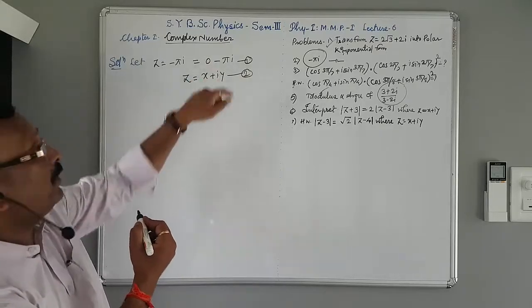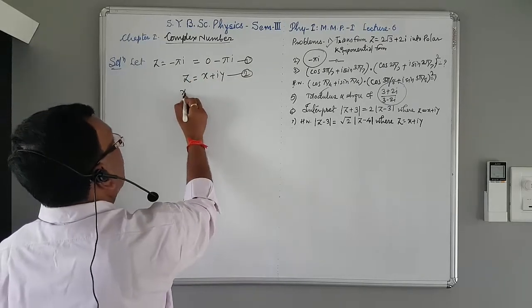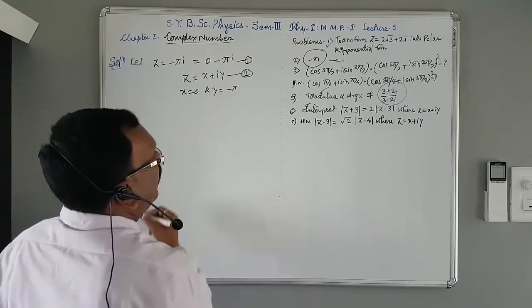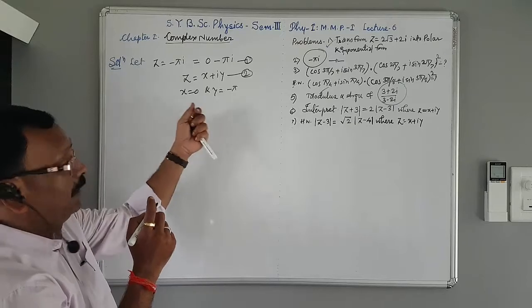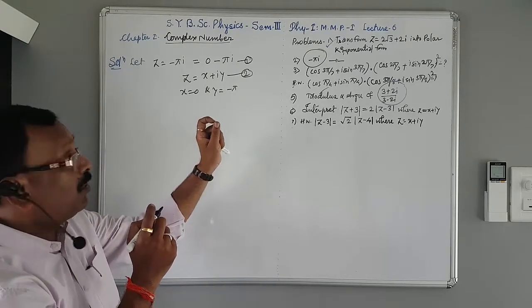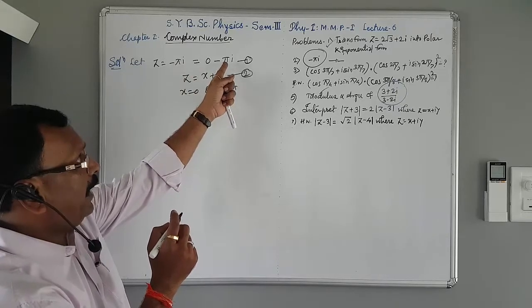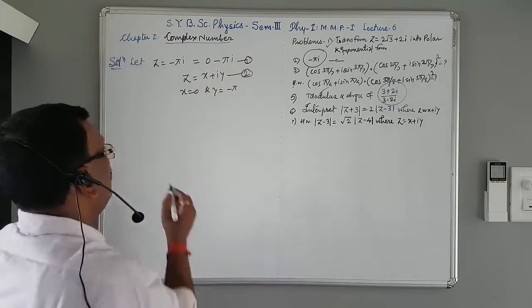Compare equation 1 and 2, we have x is equal to 0 and y is equal to minus pi. Again obtain modulus r and theta in order to transform this number in rectangular form into polar and exponential form.